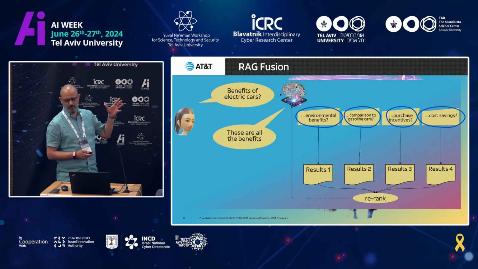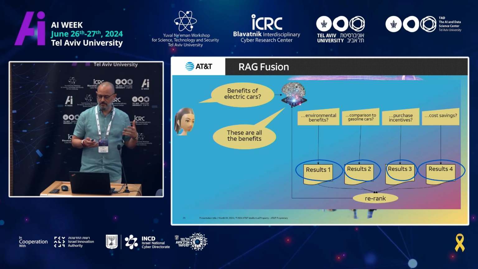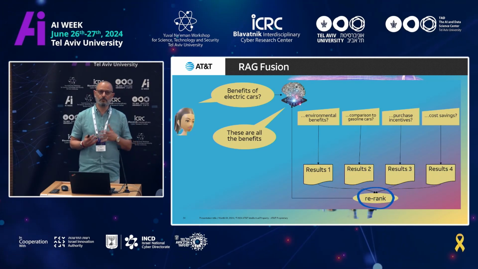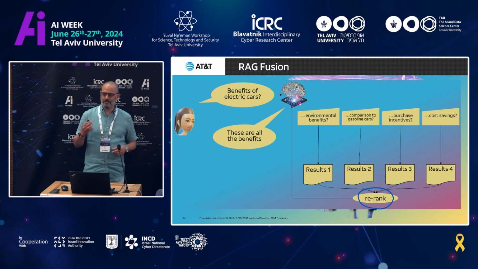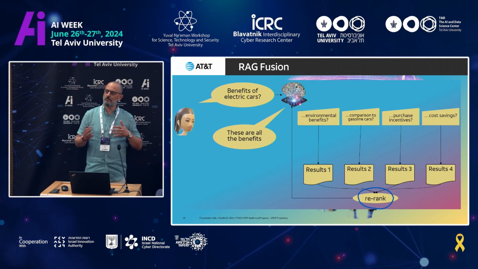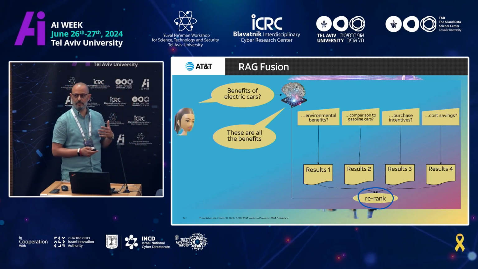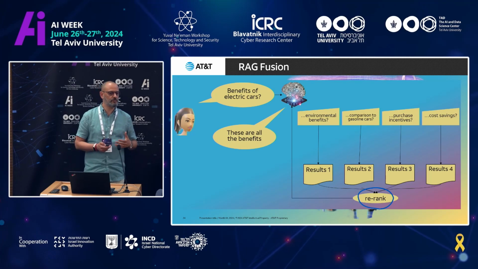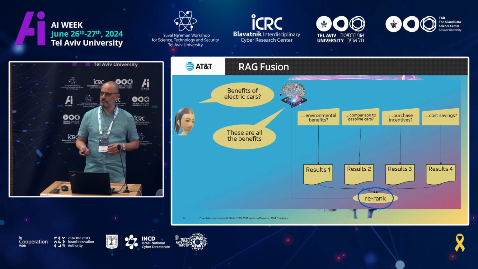Now, each subquery retrieves a set of documents that are then re-ranked together based on a combined score, ensuring that the most relevant documents are prioritized. Finally, the re-ranked documents and all of the original subqueries will be sent to the model to generate a response that will address all of the aspects of the original query.